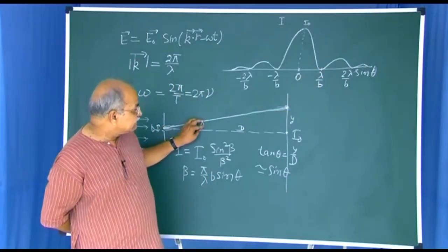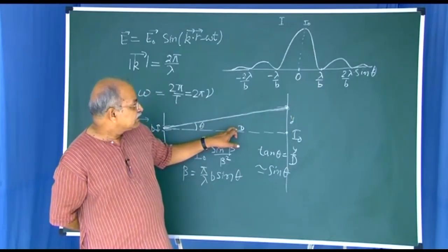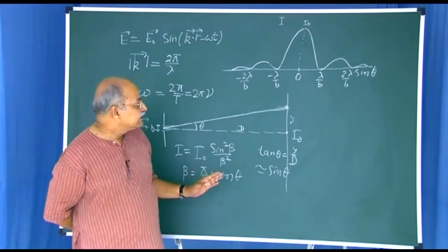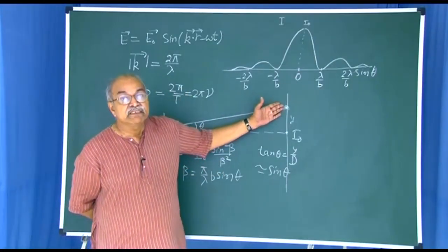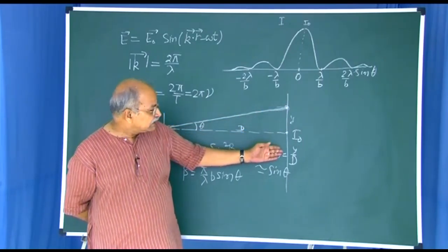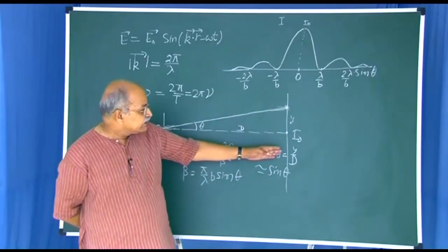So, when this sine theta, which is almost tan theta, which is small y by capital D, is equal to lambda by b, then the intensity there will become 0. On the other side also, when sine theta becomes lambda by b, the intensity is 0.